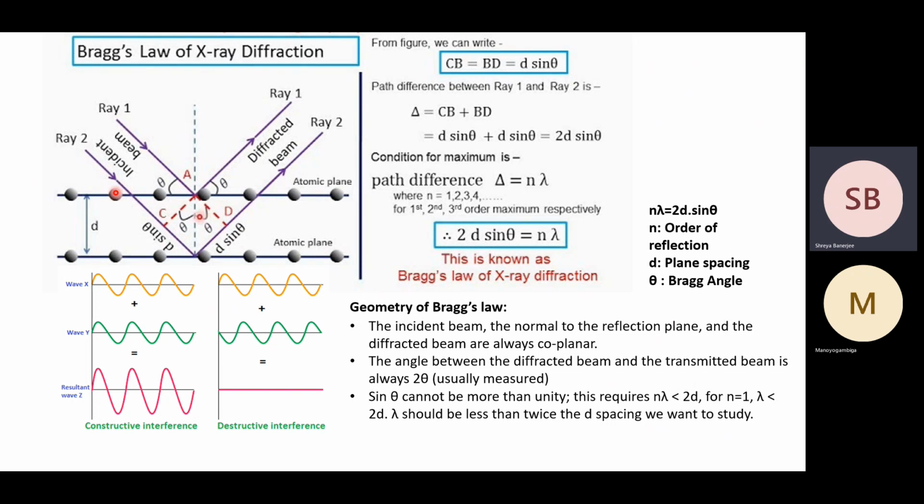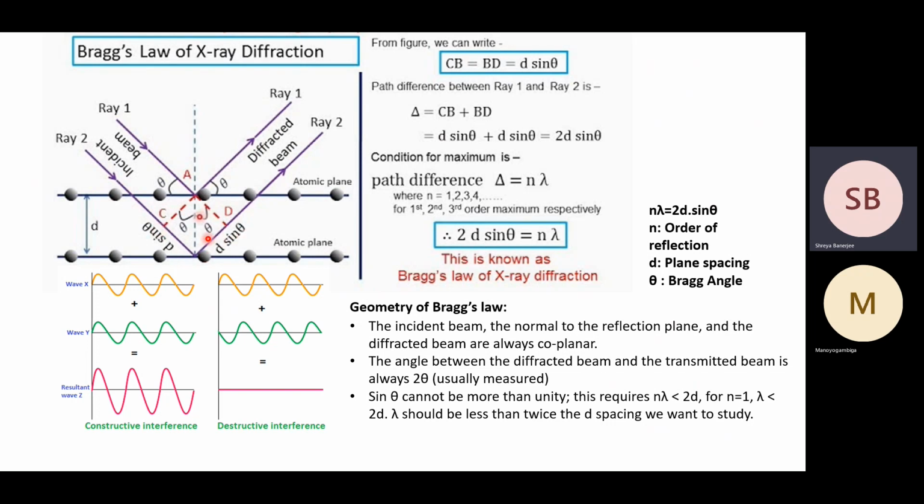Now the ray 2, which is parallel to ray 1, is traveling an extra distance compared to ray 1. If you draw perpendiculars AC and AD, you can see that ray 2 travels this distance extra compared to ray 1. To find out what this distance is, we will call the distance between the two crystal planes d. So this is d sine theta and d sine theta.